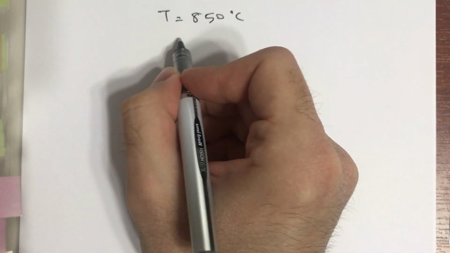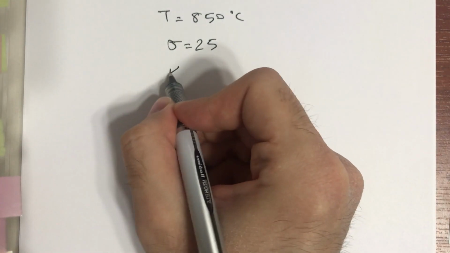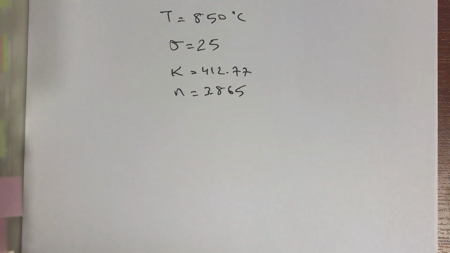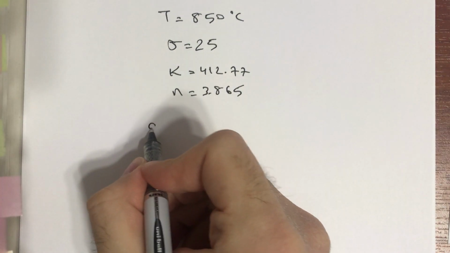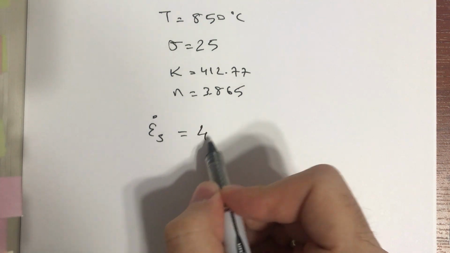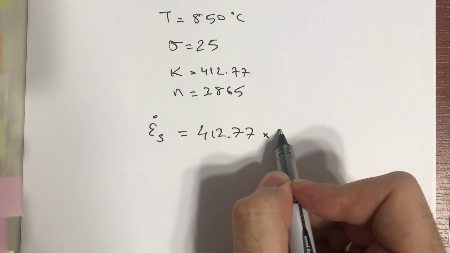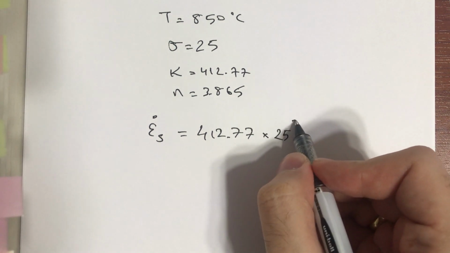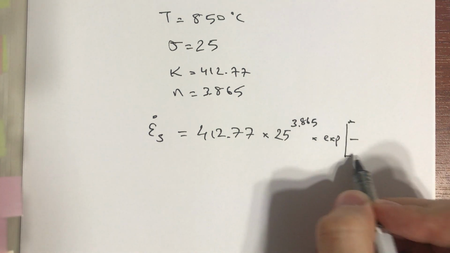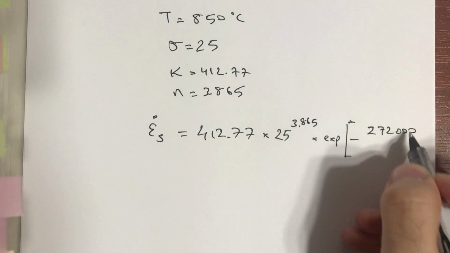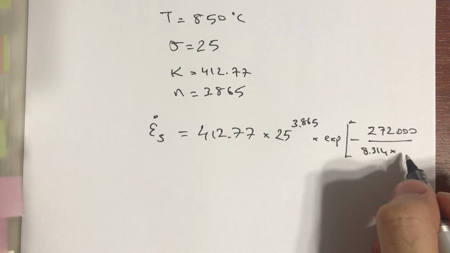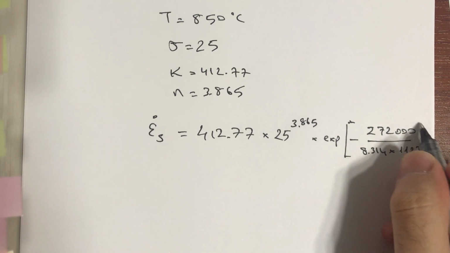Then, at a temperature of 850 degrees Celsius and a stress level of 25 megapascals, we know K, we know n, so we can calculate the strain rate at that stress level. 412.77 times 25 to the power 3.865 times exponential minus 272,000 divided by 8.314 times 850 degrees Celsius, which is 1123 kelvins.